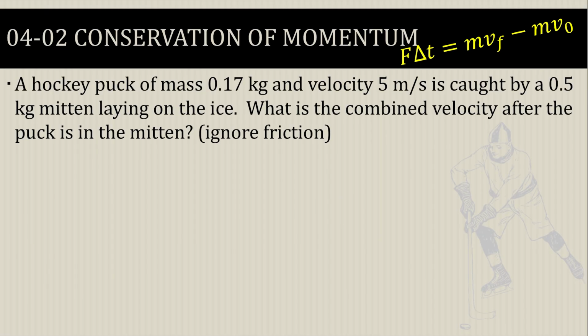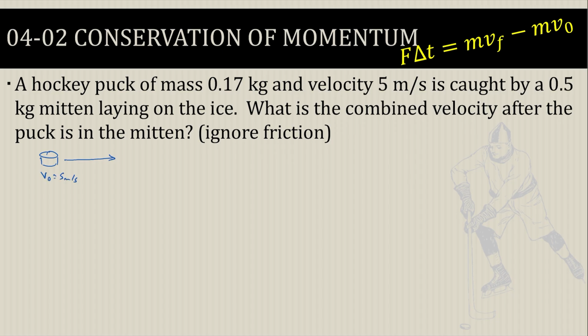A hockey puck of mass 0.17 kilograms and velocity of 5 meters per second is caught by a 0.5 kilogram mitten laying on the ice. What is the combined velocity after the puck is in the mitten? Well, initially we have the puck, and it's moving. It has a velocity of 5 meters per second.